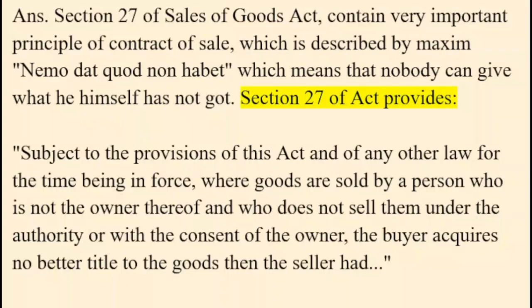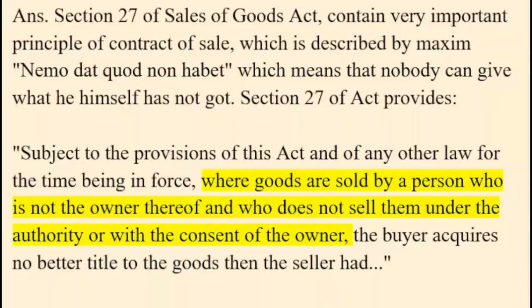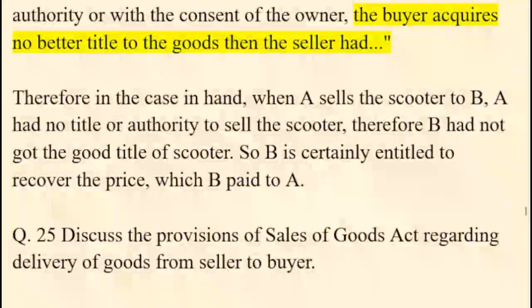Section 27 of the Act provides, subject to the provisions of this Act and of any other law for the time being in force, where goods are sold by a person who is not the owner thereof and who does not sell them under the authority or with the consent of the owner, the buyer acquires no better title to the goods than the seller had.